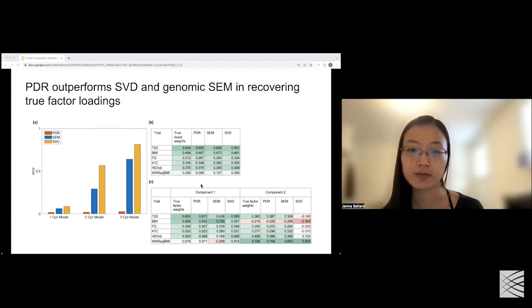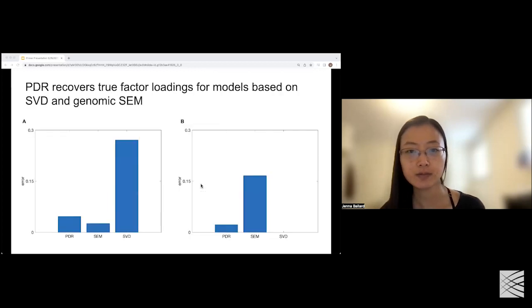Since we were applying the methods to data that had been simulated from PDR-based models, which potentially gave PDR an advantage, we also did some analyses to test whether this was the reason why PDR did better. So we also simulated data from models that were designed to favor SVD and genomic SEM. Here we can see that PDR was still able to recover the factor weights with low error.